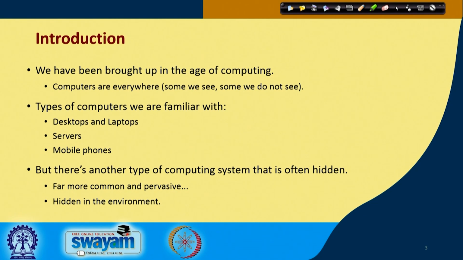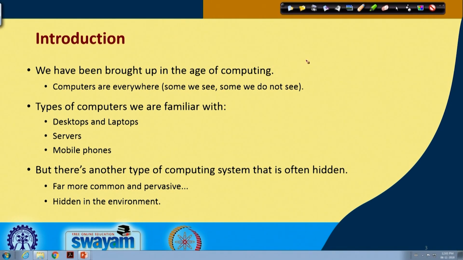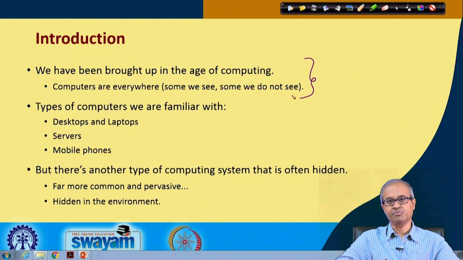So, let us start with our discussion. The first thing I want to emphasize, and this is a very important point, is that we have been lucky, in some sense, to have been born and brought up, most of us, in an age of computing. Since our birth, many of you have seen computer systems around you.